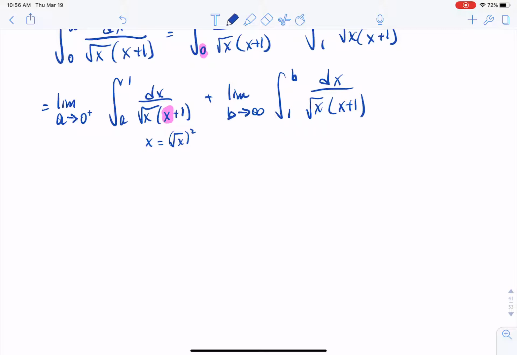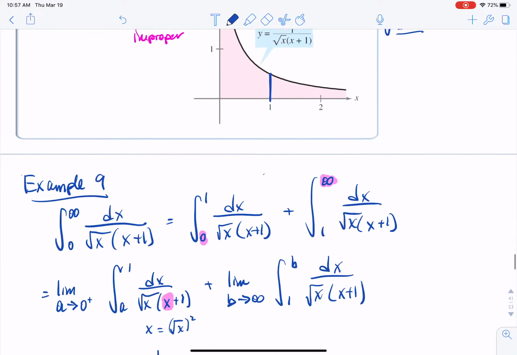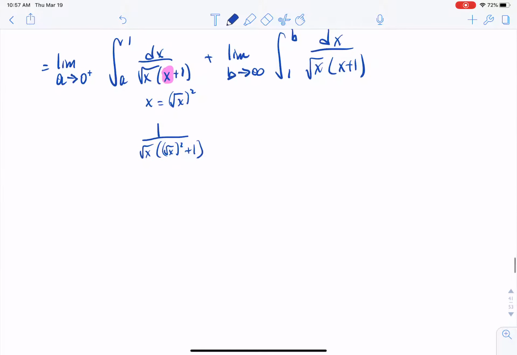So if that is the case, then maybe I reimagine this integrand as 1 over the square root of x times the square root of x squared plus 1. Now it's looking a little bit more like what we have here, where your u squared is equal to x squared, and then u is equal to the square root of x.